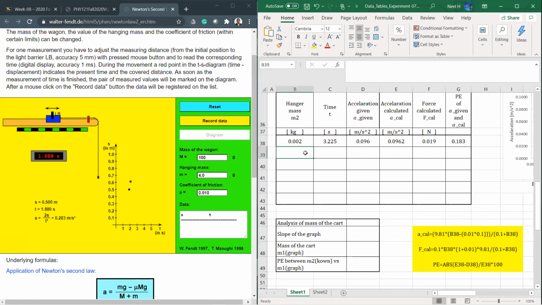Start, let it run, collect the data. Now we are on 0.004. Time is 1.880, and the acceleration is about 0.283.